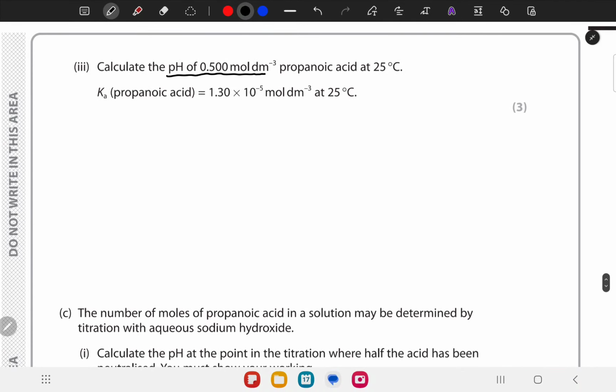Now we have to calculate the pH of 0.5 mole per dm cube of propanoic acid. Propanoic acid is a weak acid, so we have to use a different method for this, using the value of Ka. The Ka will be the square of the H plus concentration divided by the concentration of propanoic acid, CH3CH2COOH.